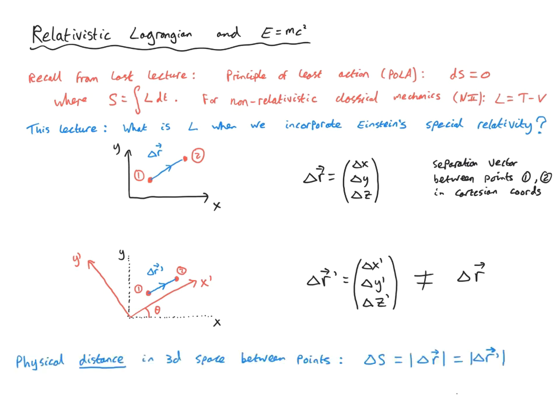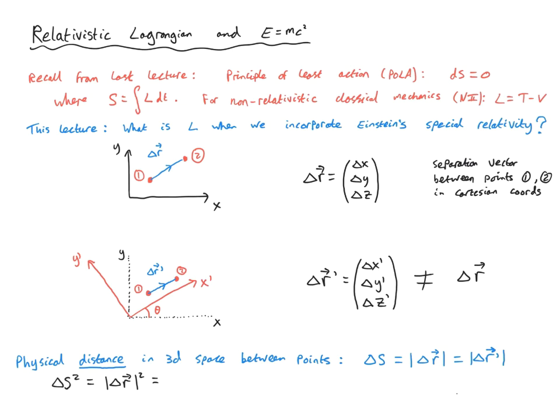So this physical distance in 3-dimensional space between the points, which I'll call delta s, is simply the modulus, or the length, of the vector delta r, which is, of course, the modulus, or the length, of the vector delta r primed. So first, let's consider delta s squared.